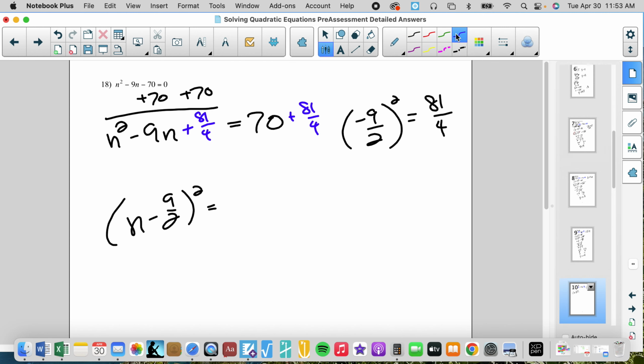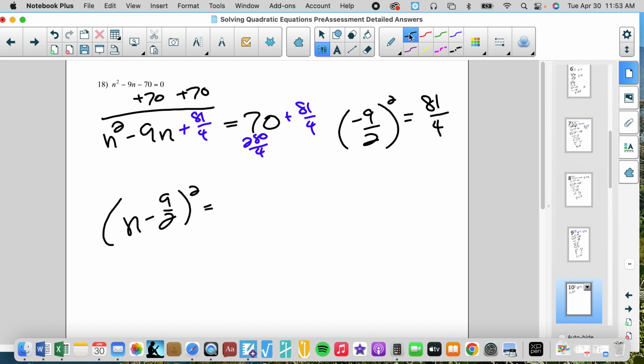How many fourths is 70? That's 280 fourths. So that gives us 361 fourths. Is that right? Yeah. Oof, that doesn't look fun, does it? 361 fourths.